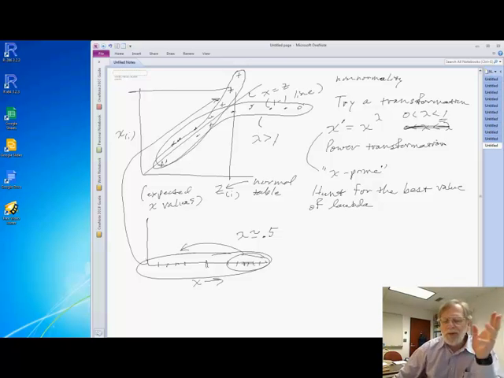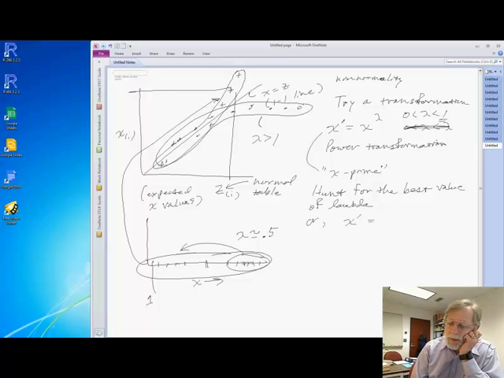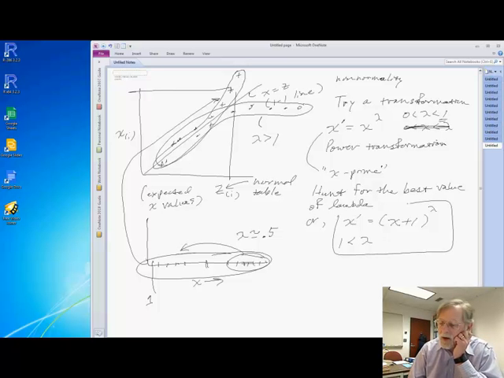You want to inflate them, you want to make them bigger. But you got to make sure that here is the value 1.0. Or you do this. X prime equals quantity x plus 1 raised to the lambda, lambda bigger than 1. Now that'll work just fine.